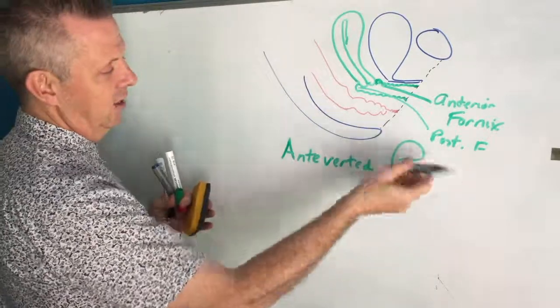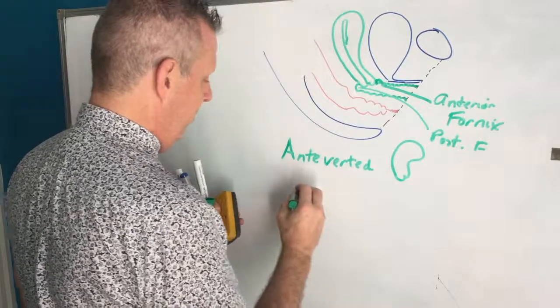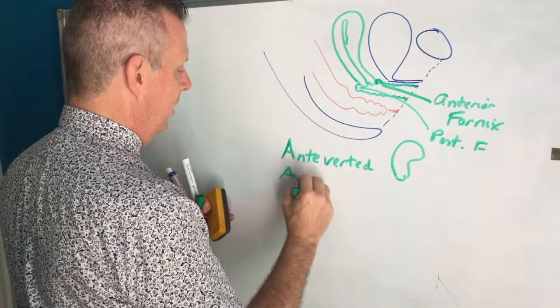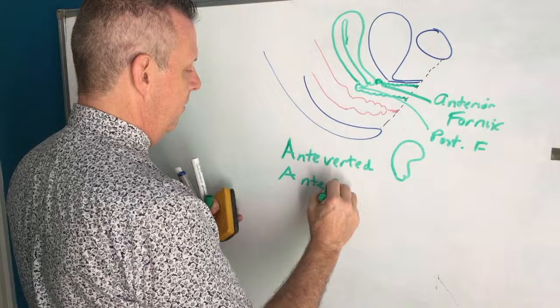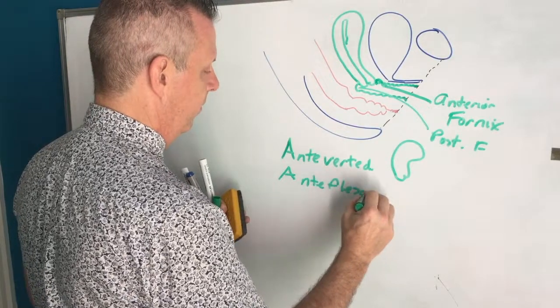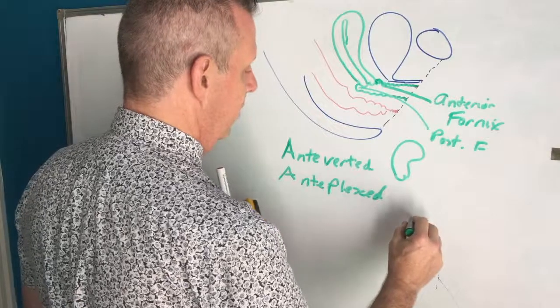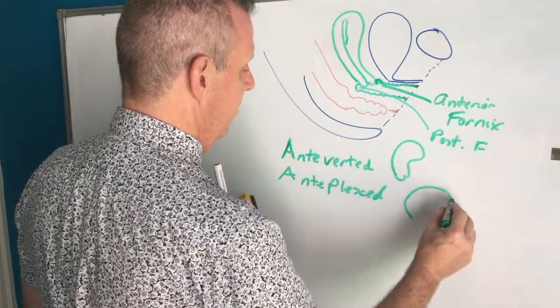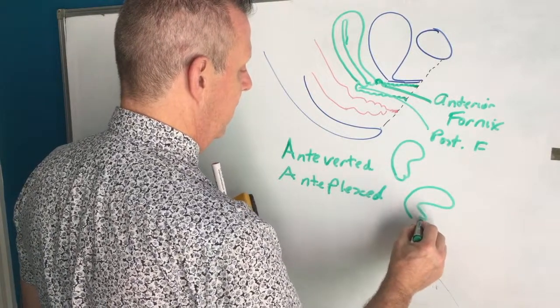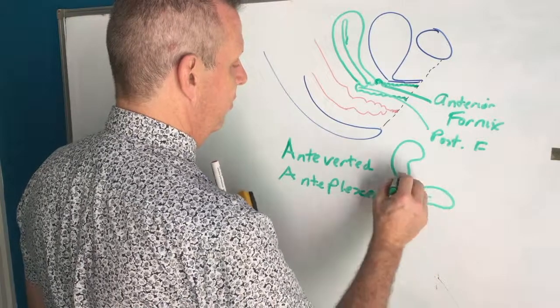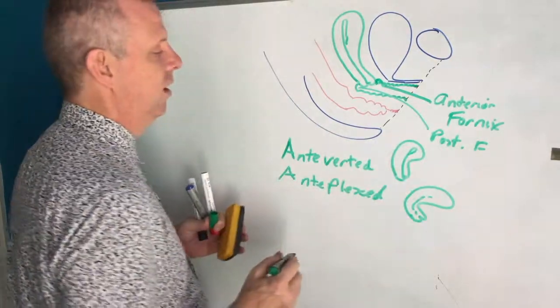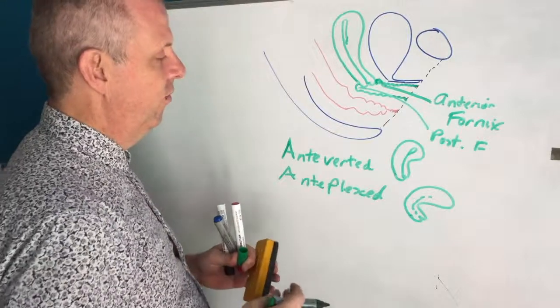And if it's really kinked over a lot, so if it's really bent over, it can also be described as anteflexed. That's an F. And so that's where you have the uterus like this, but then it's really bent right over. It's more just of interest rather than any specific medical reason or problem with that.